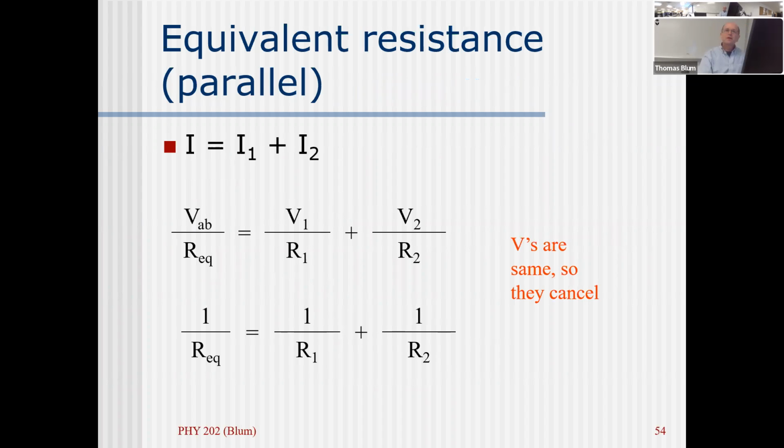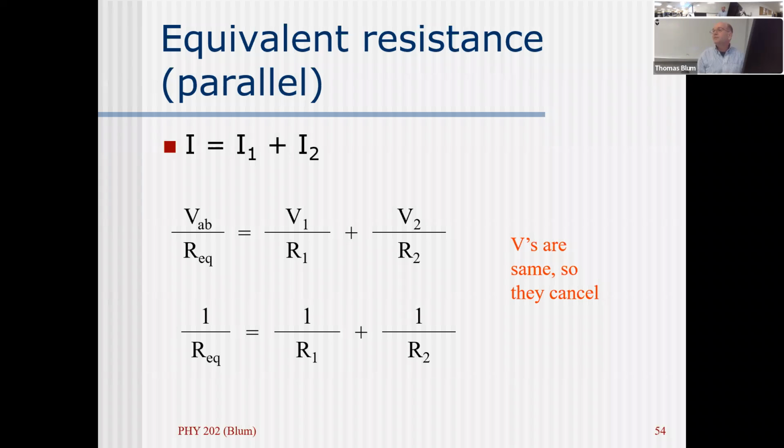Here's our game. The total current is the current through 1 plus the current through 2. Each one of them obeys Ohm's law: I is equal to V on R. So I replace each current with V on R. All the V's are the same, so cancel them out.